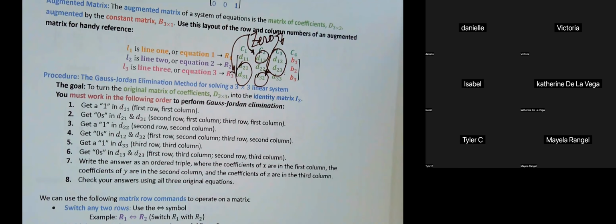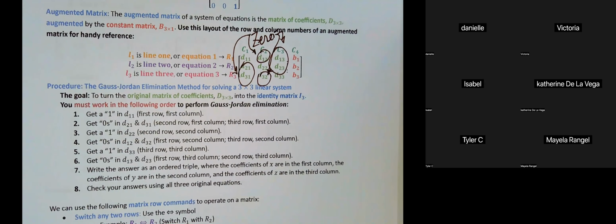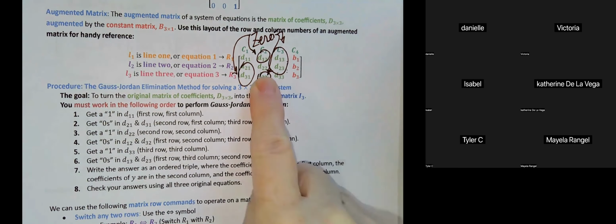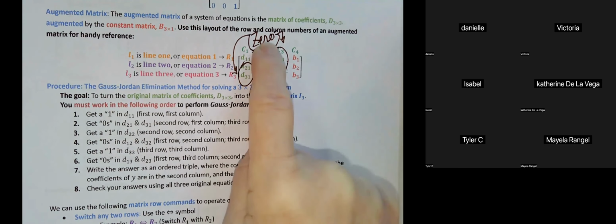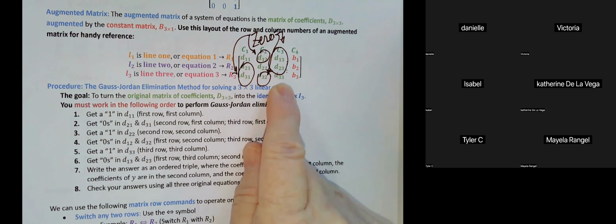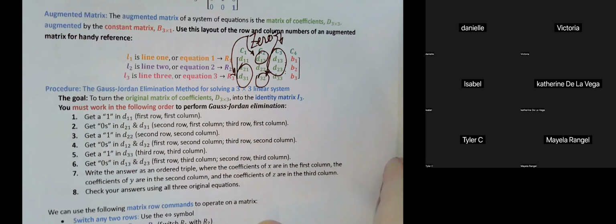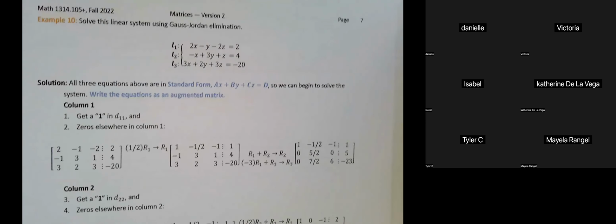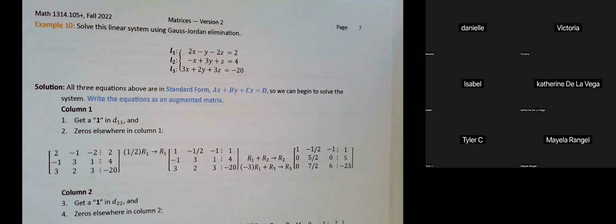So it's the same procedure. We just have one more iteration. Instead of D22 being our last one, D33 will be our last one. And I want to put a caveat in front of this.